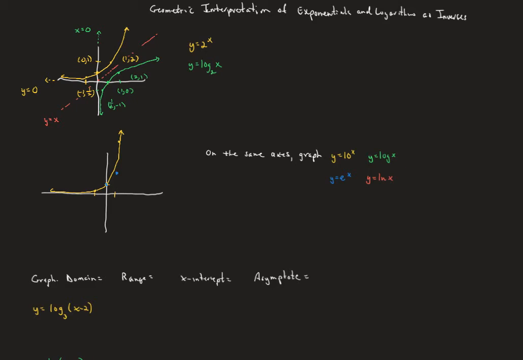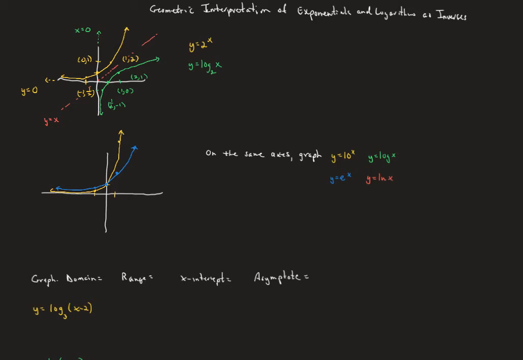Likewise, when we plug in negative 1, we're going to get 1 over 2.7, which is roughly 1/3, and that's going to be bigger than the 1/10 that we had from 10 to the negative 1. So we're going to get still exponential growth, but it's going to be more leisurely. It's going to rise slower, and it's going to hug the x-axis slower as well.